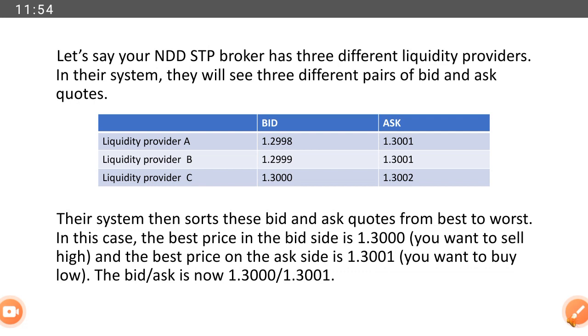And the best price on the ask side is 1.3001, as you want to buy low. So the bid/ask is now 1.3000/1.3001. So they pick the best for you.